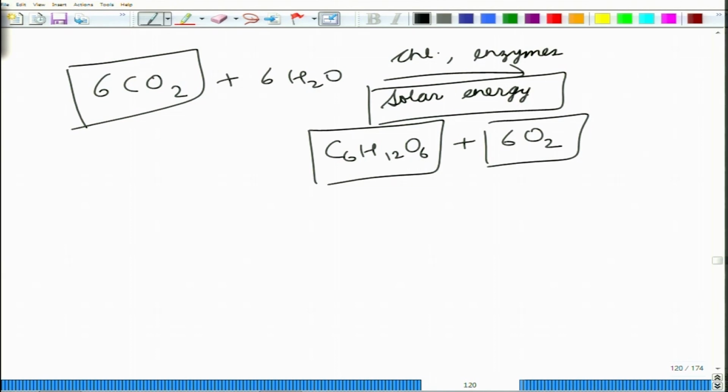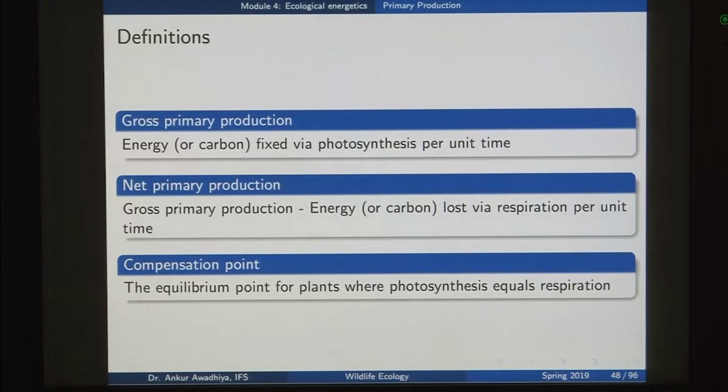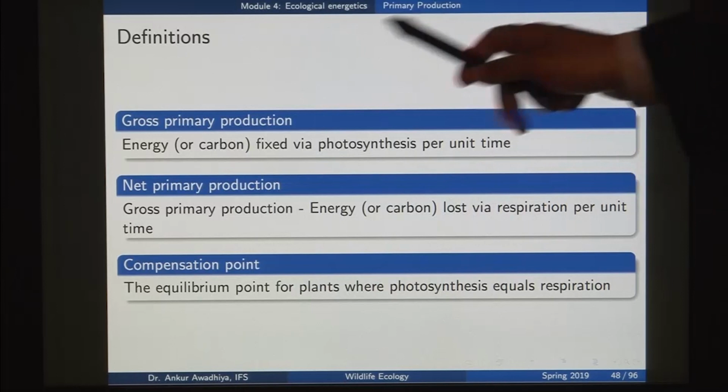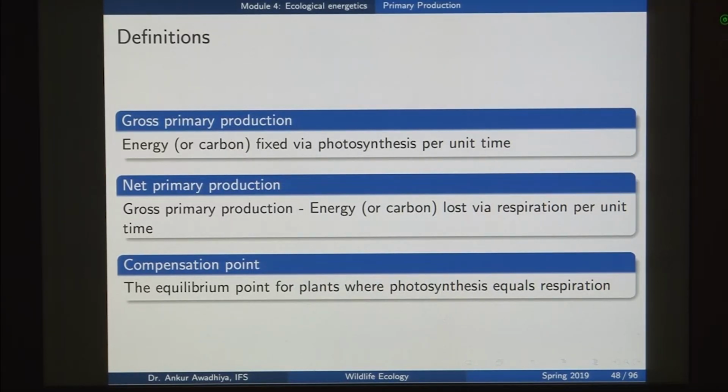When we ask at what rate this reaction is happening, then we are talking about the gross primary production. The energy or carbon that is getting fixed via photosynthesis per unit time is the gross primary production.